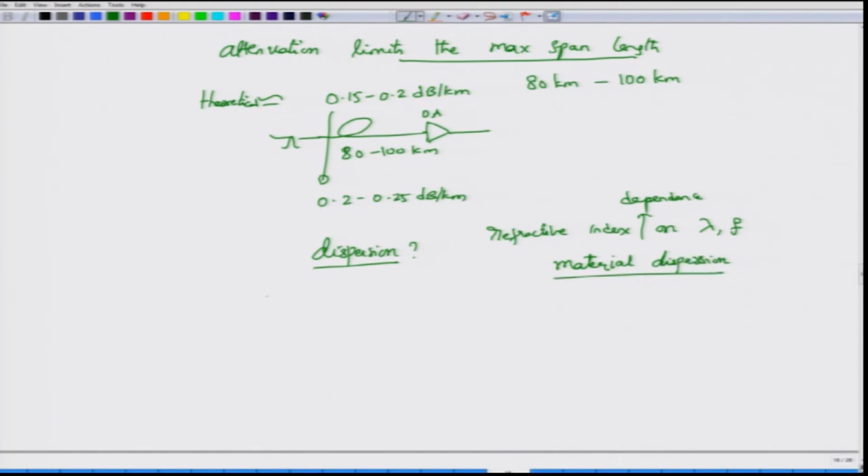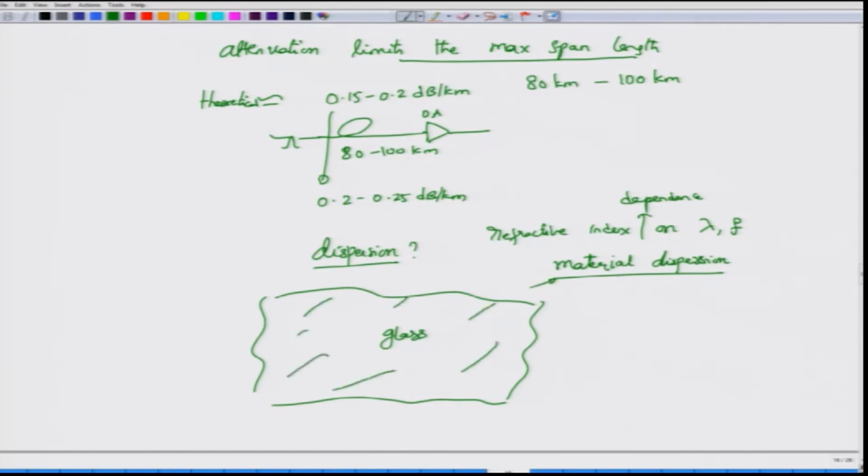So, if I were to take a big infinite slab of glass here, then the only type of dispersion that my pulses or optical signals would experience would be this material dispersion. If I take an infinite slab, because I can then put plane waves into it, then the only dispersion that we will see will be the material dispersion.